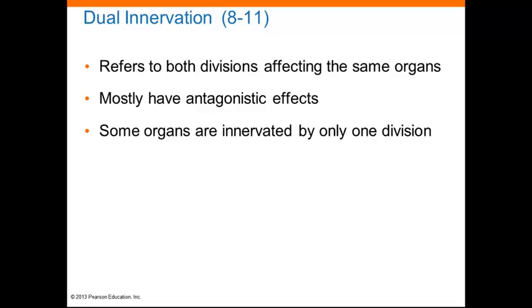So both of the divisions are going to be having an effect on the same organ, maybe not at the same time, but we need that antagonistic effect, because when I was listing the functions of the sympathetic and the parasympathetic division, oftentimes I listed effects on the same organ. So we have to innervate these organs from both the sympathetic and the parasympathetic divisions. If you look very closely, you can find a couple that are only innervated by just one division.